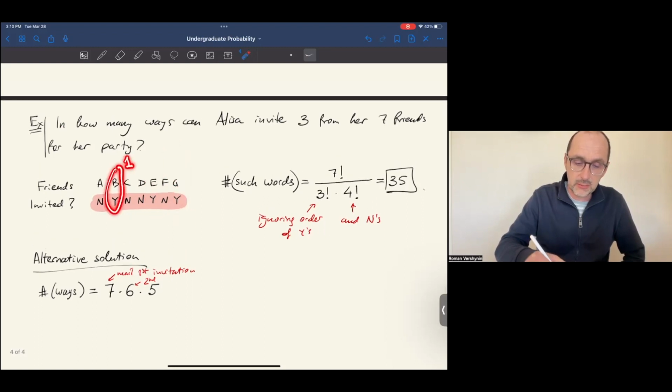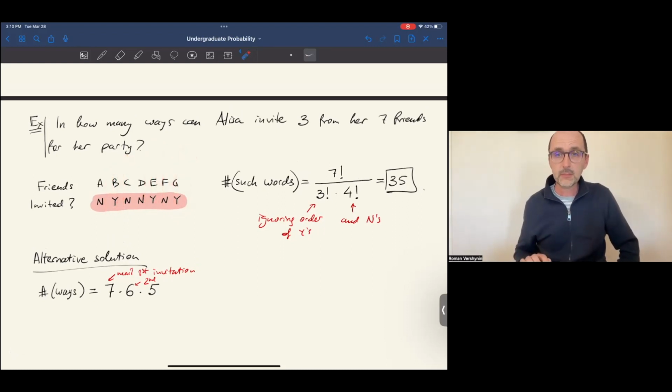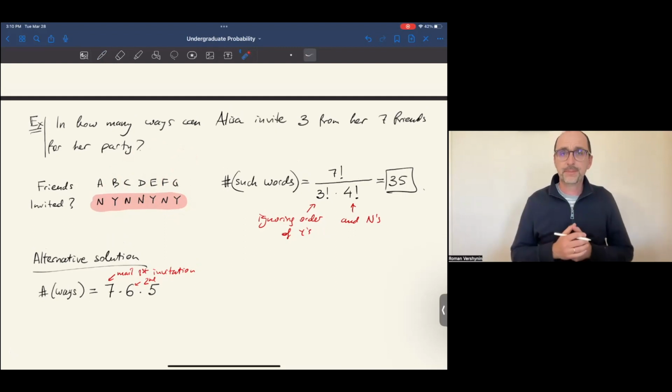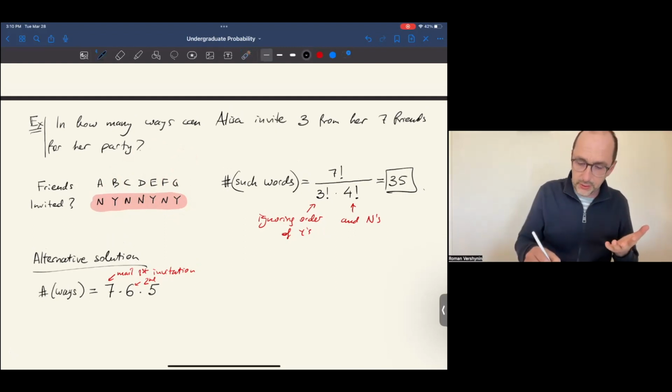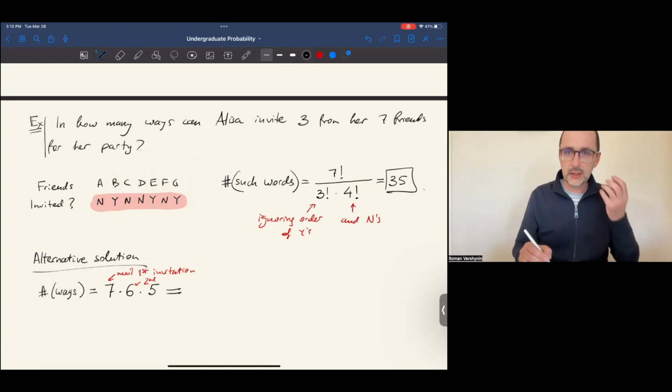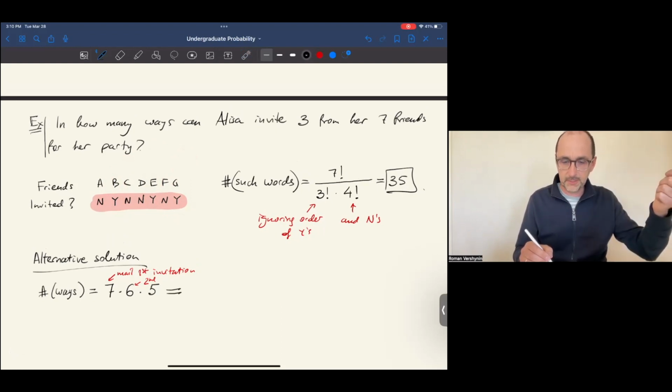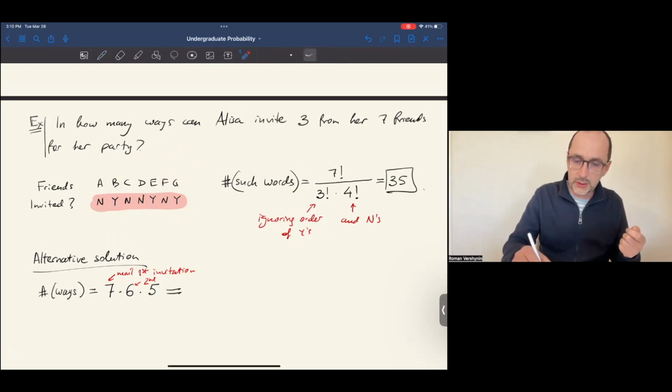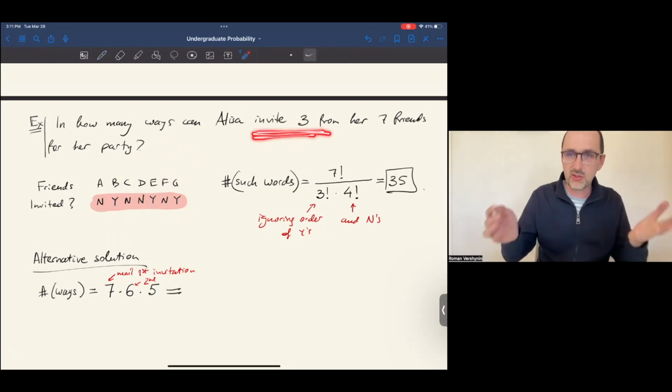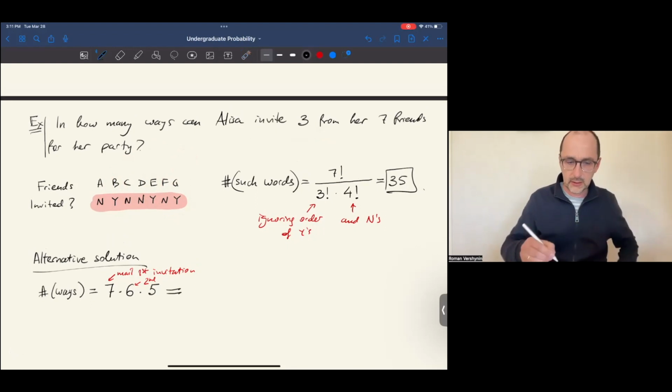Maybe B got invited first, and E is invited second, and G is invited third, or something else. In other words, this answer would be correct if the order of invitations mailed is important. But in this problem, the order is not important. It's just important who the friends are that get invited.